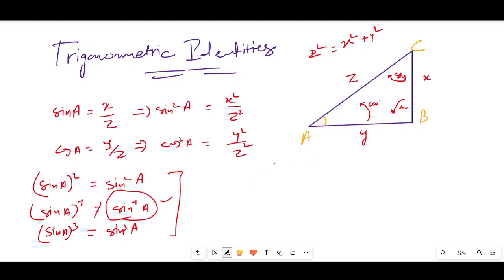Now, you have the Pythagorean theorem property, and with the help of it we can find many identities, which will be equal to our concept, and you can develop more concepts.